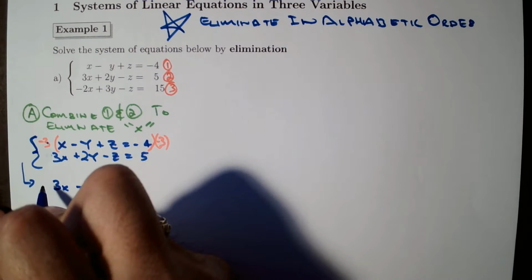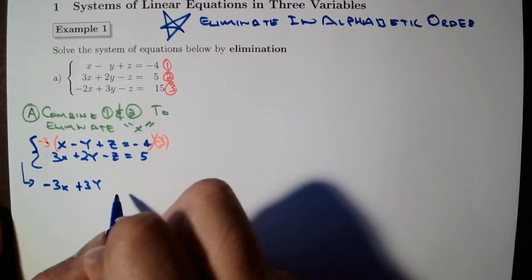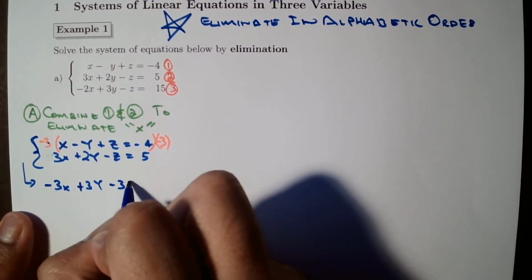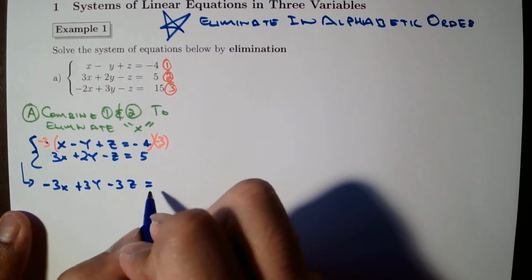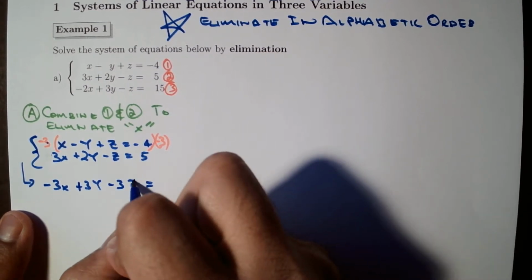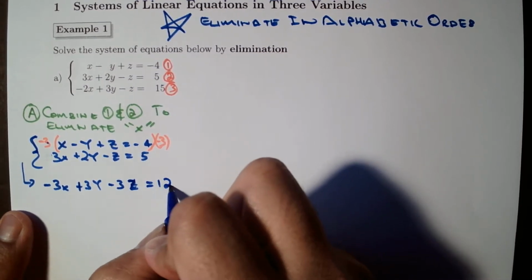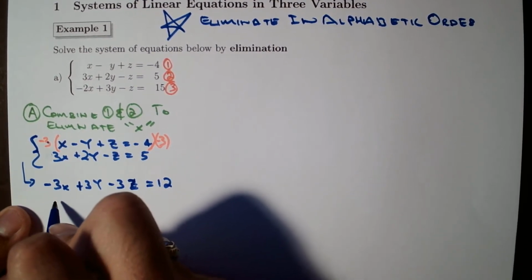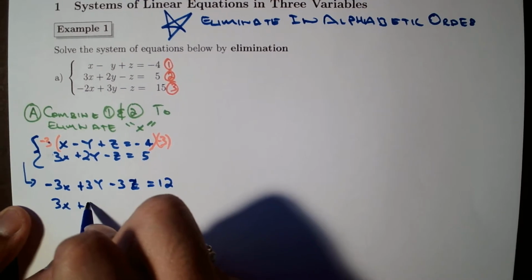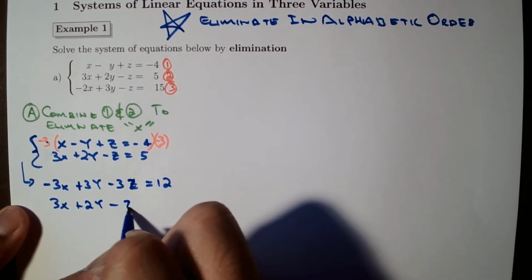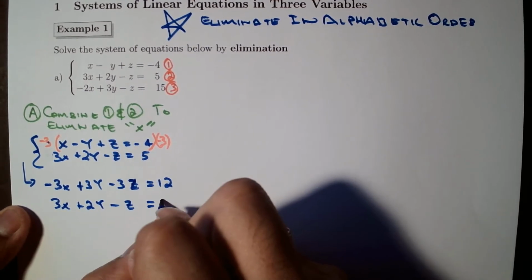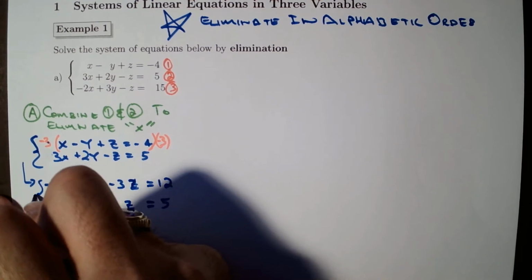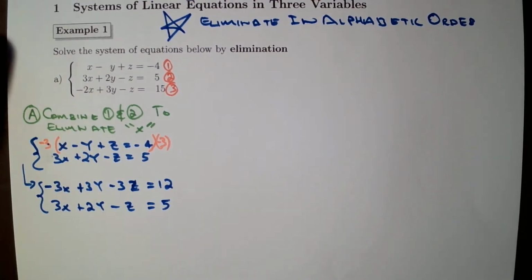Alright, so that's going to be negative 3x plus 3y minus 3z equals 12. And then the second equation remains the same: 3x plus 2y minus z equals 5.